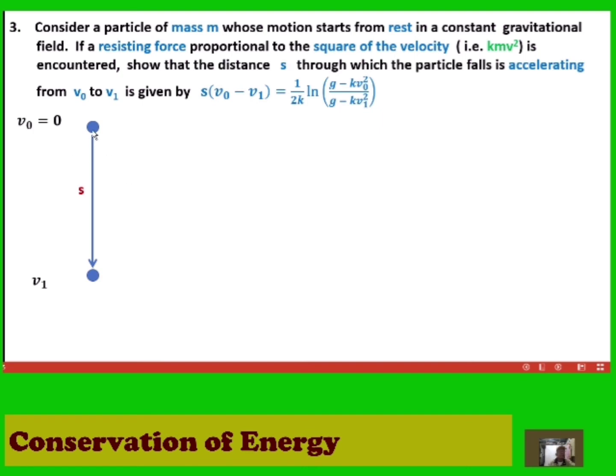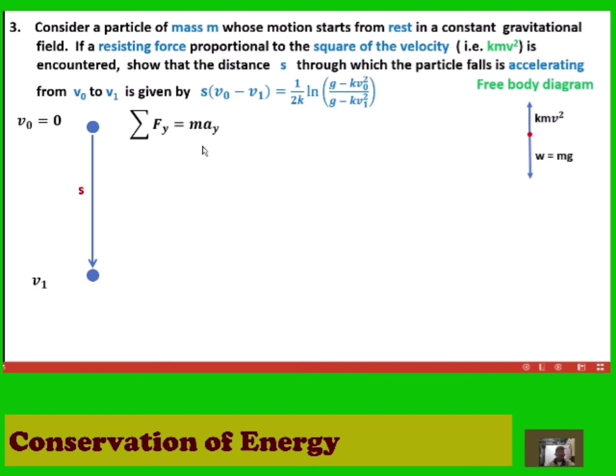So this is the particle. It moves from a certain height down to this point, or it starts from rest until it attains v sub 1. So the free body diagram for the particle, we have here the upward force, which is the resisting force, and the downward, which is the weight of the particle.